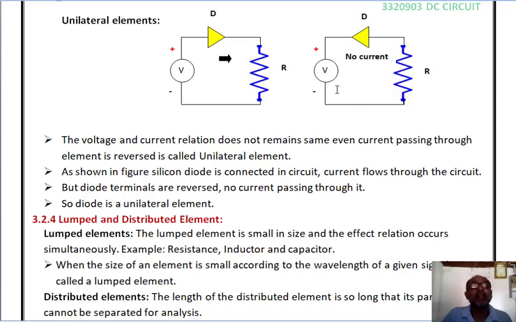That's why this type of element is called a unilateral element. From this figure we can say that the voltage and current relation does not remain the same when the current direction is reversed, which is called a unilateral element. It is most important: the diode is also called a unilateral element.